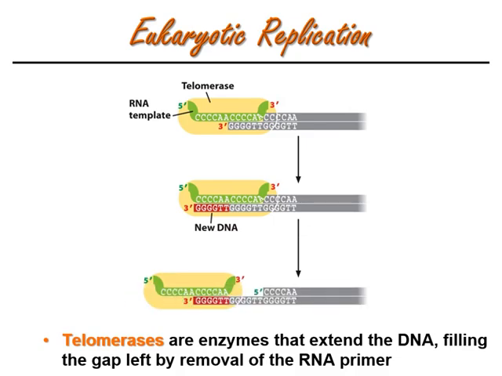Eventually the overhang is going to be long enough that we do have somewhere to, remember how I said we can't lay a primer down out in space because we have nothing to bond to. Well, now we're not laying a primer down out in space. We have a DNA sequence that we can lay down a primer on, and then we can start synthesizing off of that towards our existing molecule, and that will synthesize the section right in here that we care about.